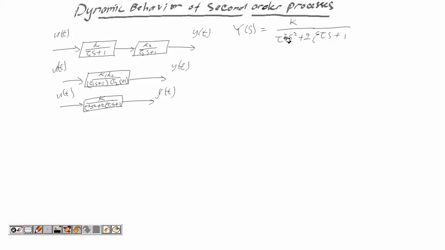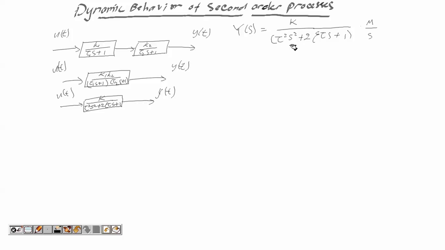We use the standard form of second order process with a step input, which is M over s.